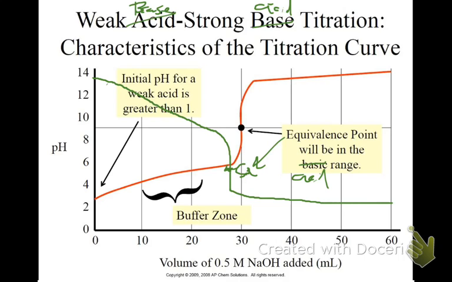And so it's just kind of flipped right there, but same general buffer zone. We get that salt that hydrolyzes right there and creates the slightly acidic equivalence point, and then just that general decrease right there. So you should be able to recognize now a weak acid, strong base titration, a weak base, strong acid titration, and a strong acid, strong base titration.